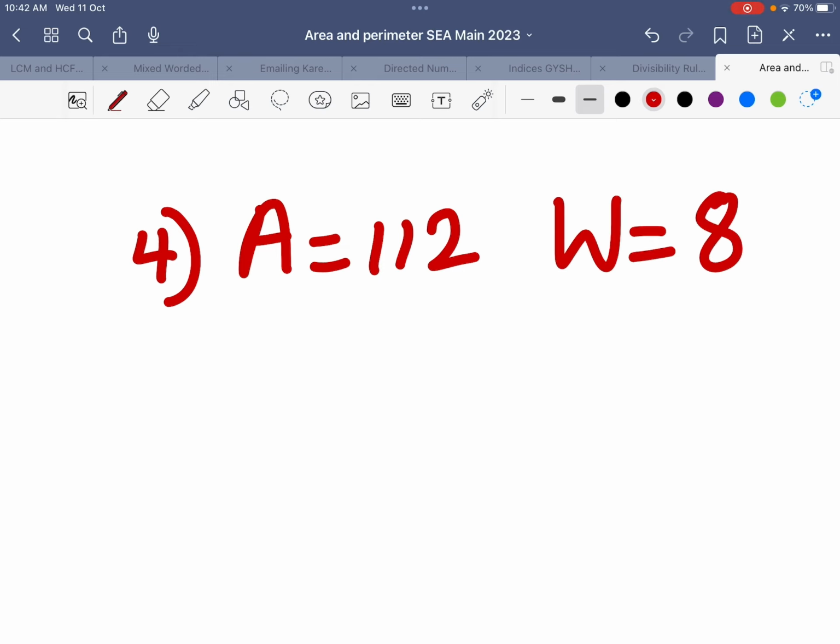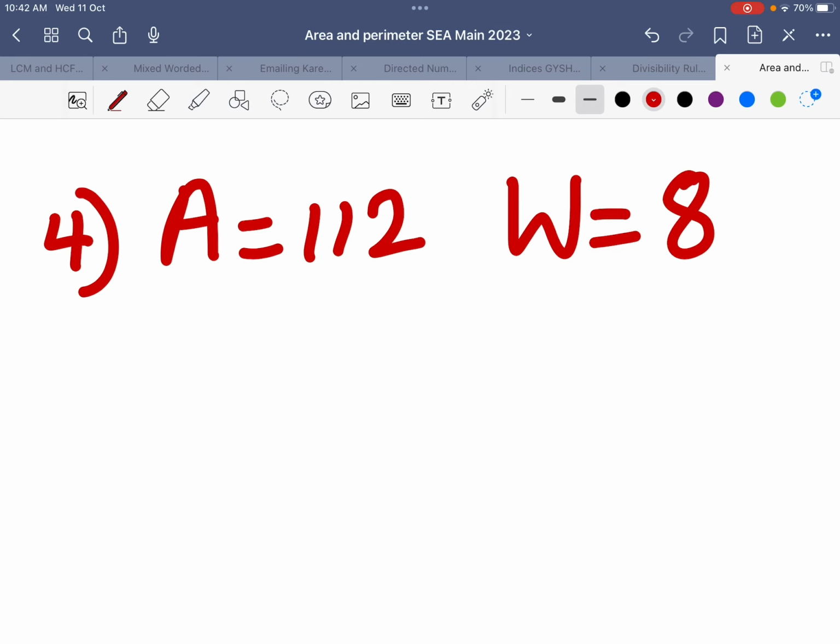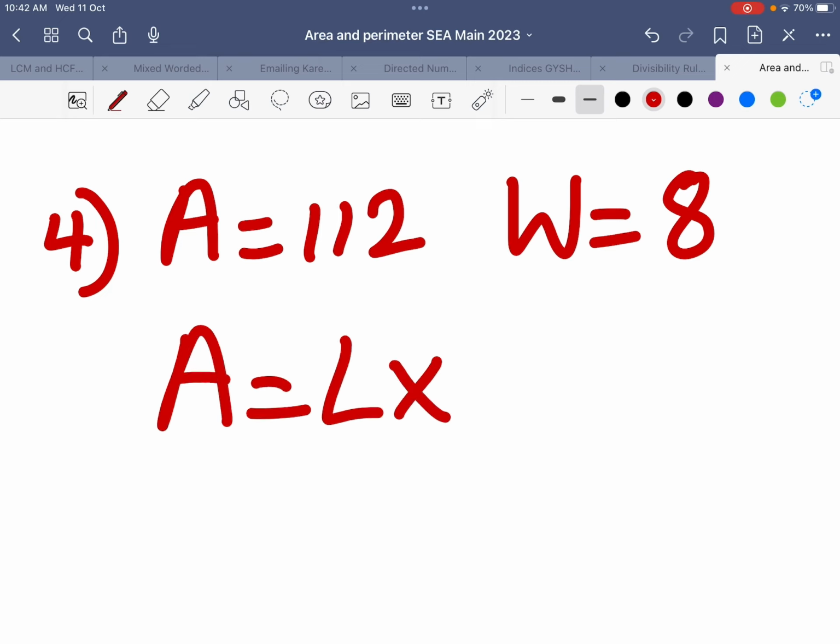What is the formula for the area of a rectangle? We should know that from doing previous questions. So the area of a rectangle is the length times the width. So some number times 8 gave us 112.